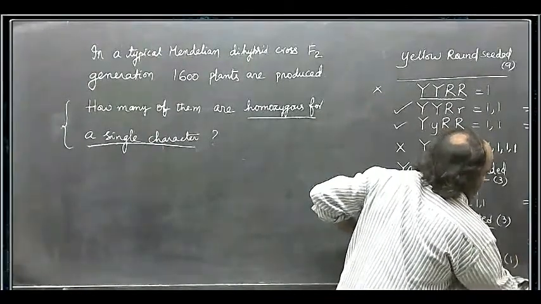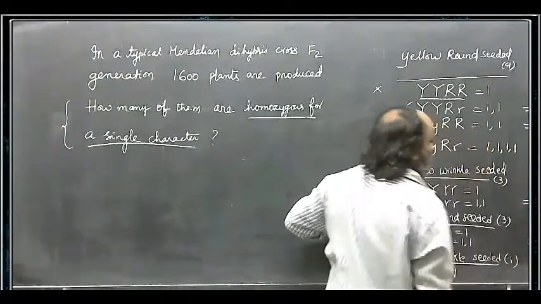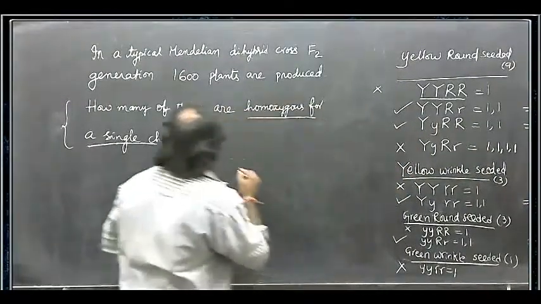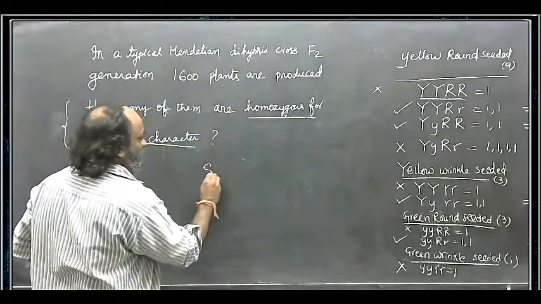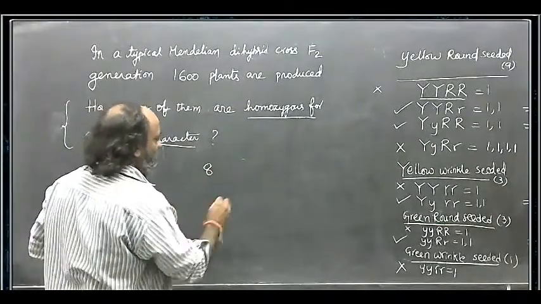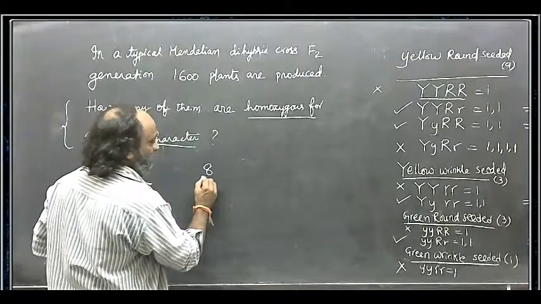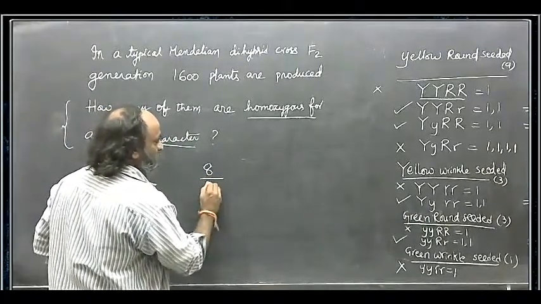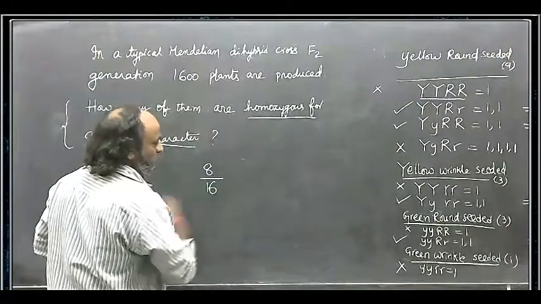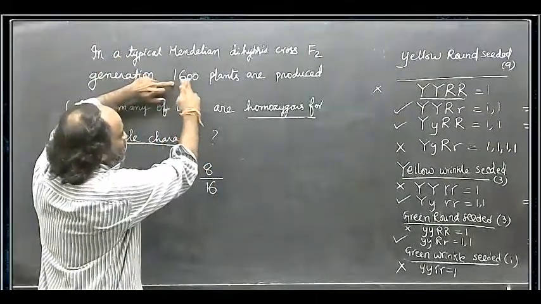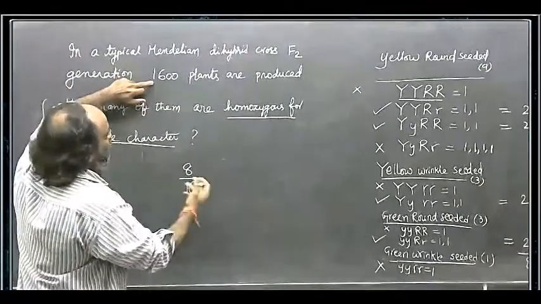That means 8 out of 16. If 8 individuals are homozygous for a single character, 8 out of 16, in 1600, how many of them?